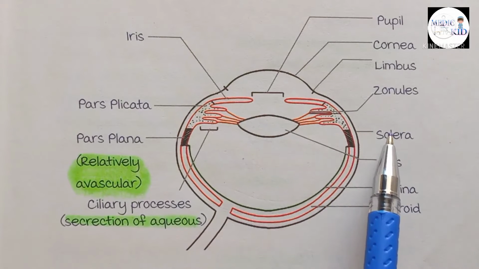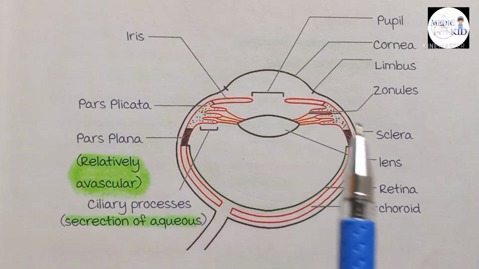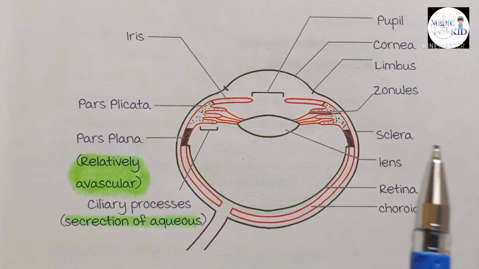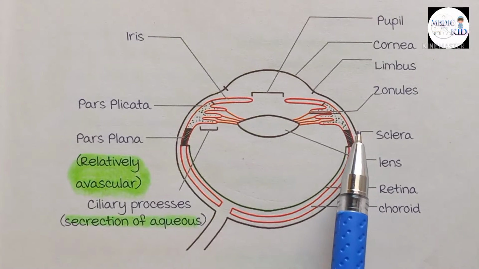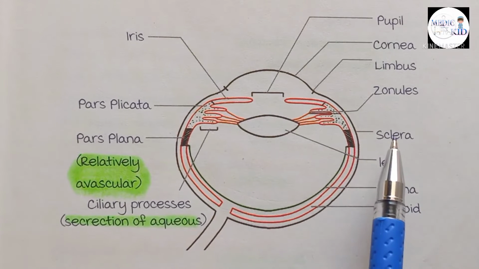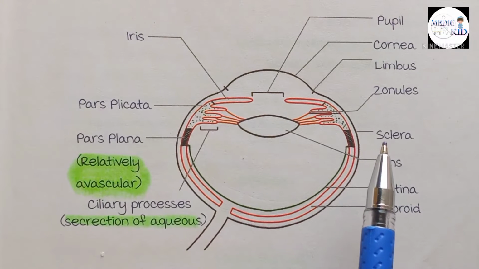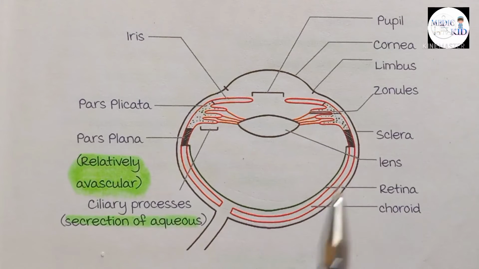But the sclera has only 3 layers. These 3 layers, from above, are the episclera, second the sclera proper, and third the lamina fusca. So let's see the individual layers.